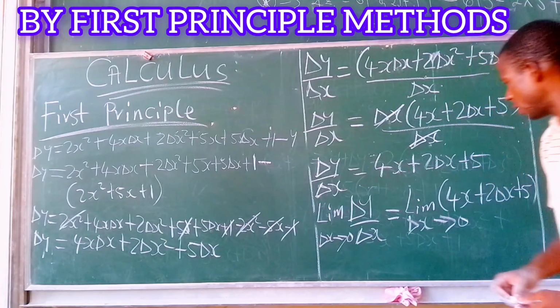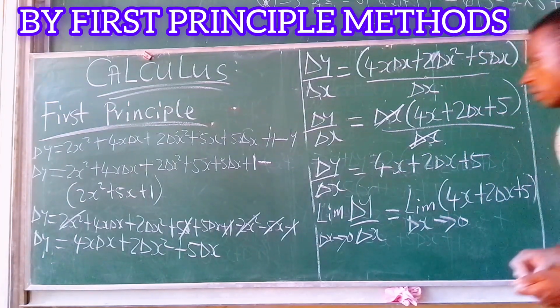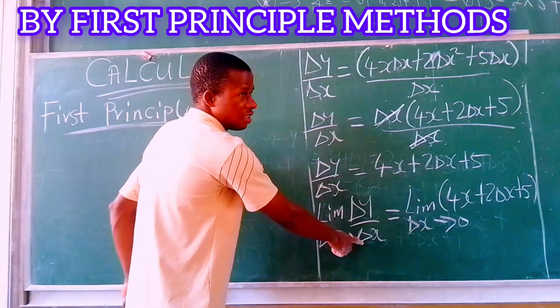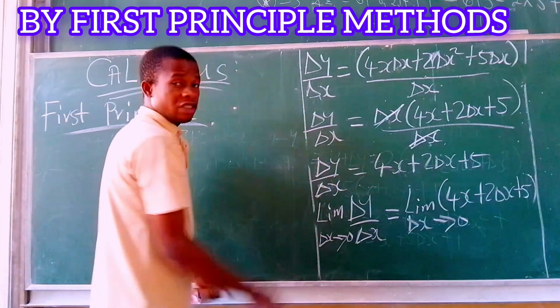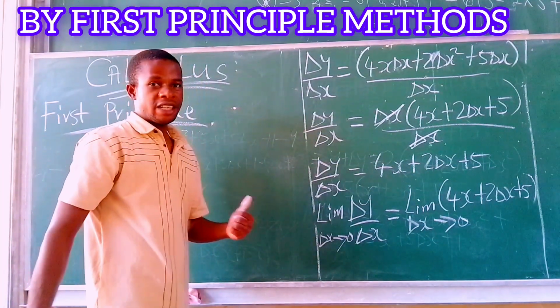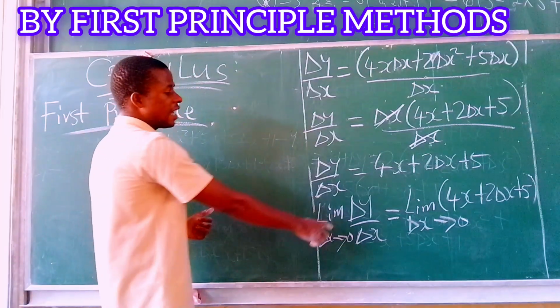Please pay attention to this point. This is the vital point you need to know. Now this is capital dy over dx. It's not the one they ask us to find. The one they ask us to find is small dy over dx, which is the rate of change. So this is different.